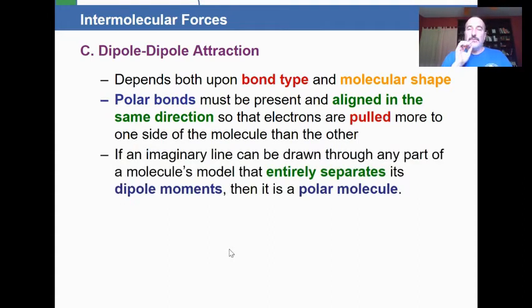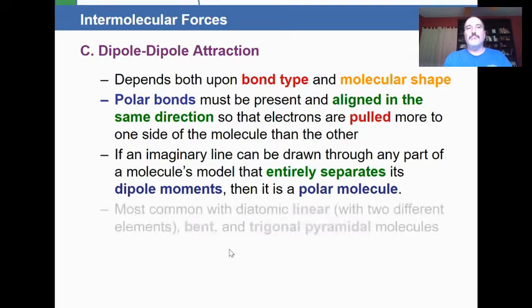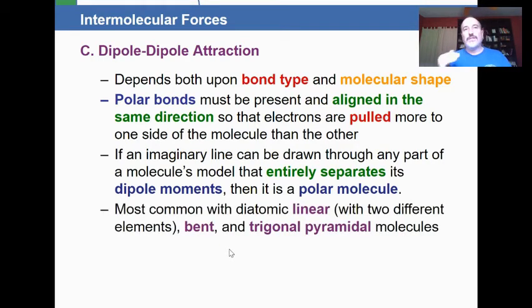And the shape matters insofar as, if you can draw an imaginary line through any part of the molecule's model that entirely separates its dipole moments, then it is a polar molecule. Remember, the most common shapes for polar molecules are diatomic linear with two different elements, bent, and trigonal pyramidal. If it is tetrahedral, especially if they're all the same element on all the ends, it makes it very difficult for it to be a polar molecule.